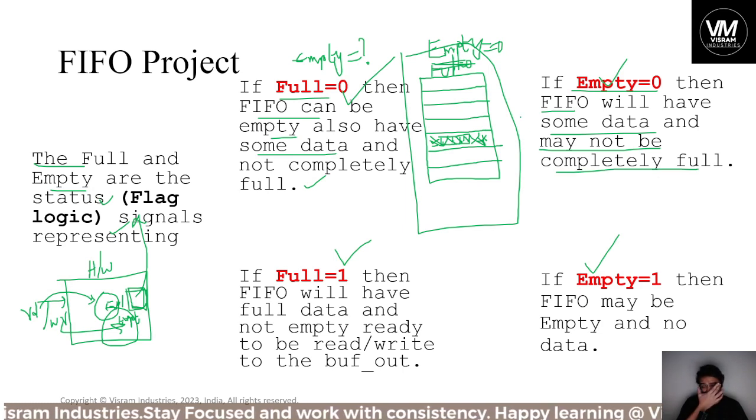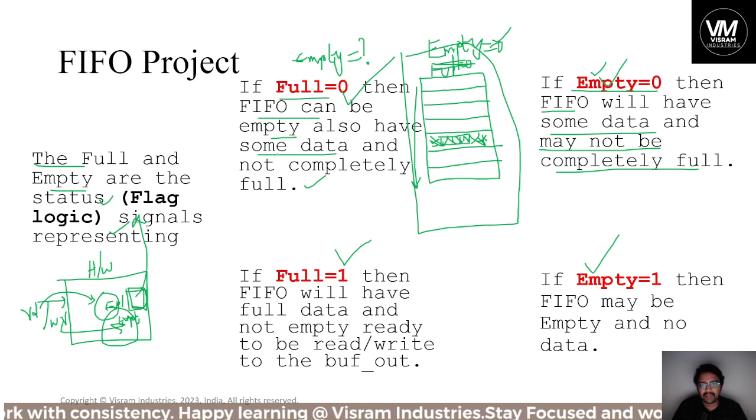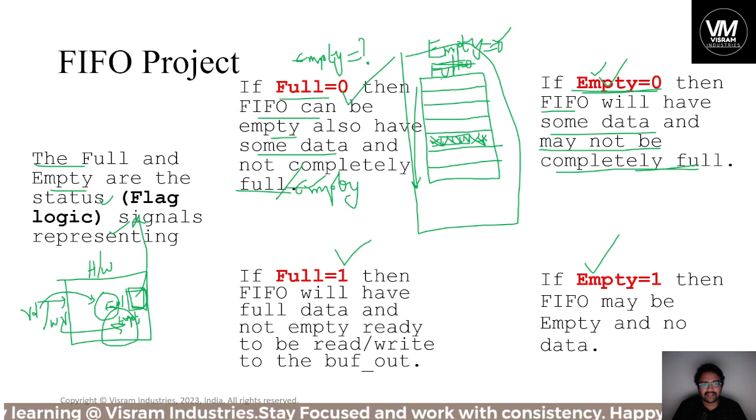Don't memorize these. Understand the logic behind it. If empty is 0, there can be some data. It will have some data, but may not be completely full.